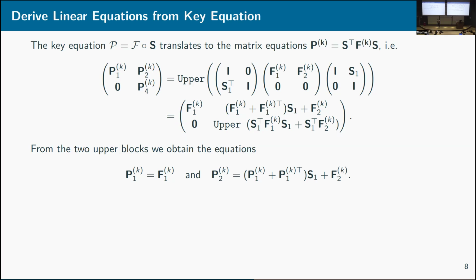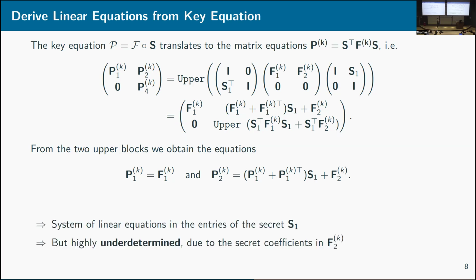And the second block gives us this equation, and we can already substitute P1 into F1 because we see they're identical here, and we get this equation. Because we are interested in the secret matrix S, this is already interesting because this gives us linear equations in S. But the problem, or the good thing, is that they are highly underdetermined because we have a lot of secret coefficients in F2 here.